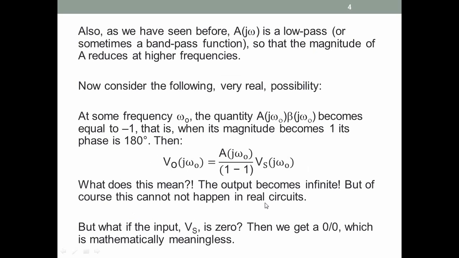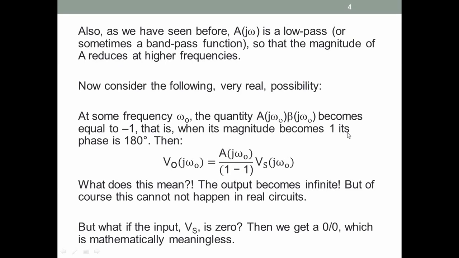Also, you remember that typically the gain of an amplifier is a low pass, sometimes a band pass, but definitely a function that has a magnitude that reduces at higher frequencies. So whether it's a low pass or a band pass, at high frequencies the gain A of the amplifier reduces as a function of frequency.